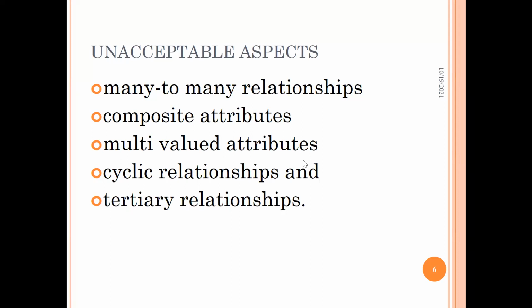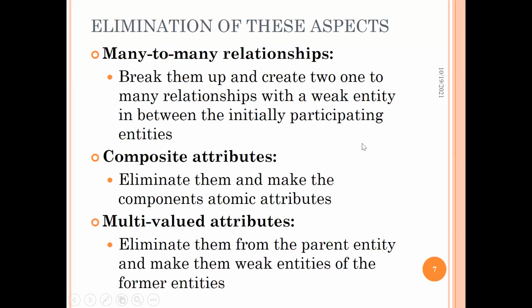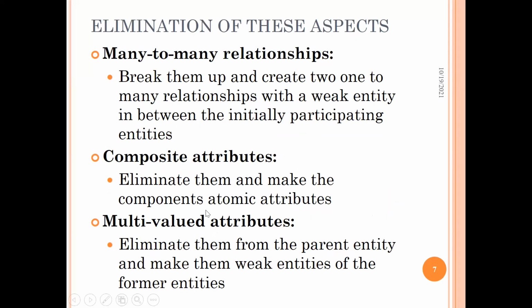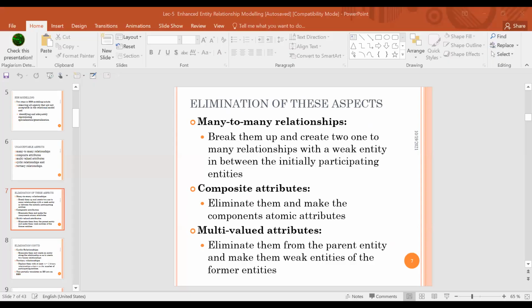Okay, so a many-to-many relationship. I am not going to do a full illustration because we already have this. But for example, if we go back to this diagram here, between course unit and student, there is a many-to-many relationship.